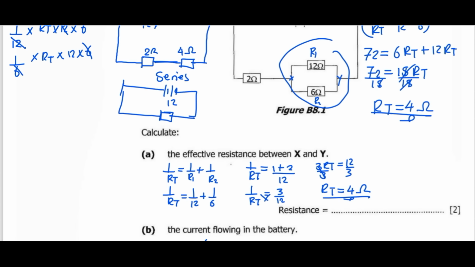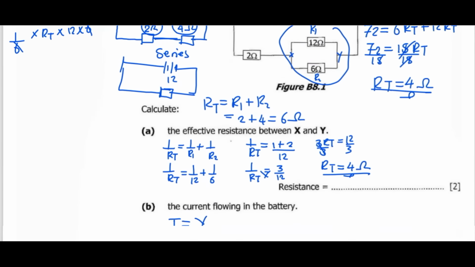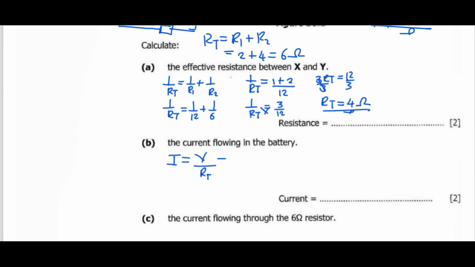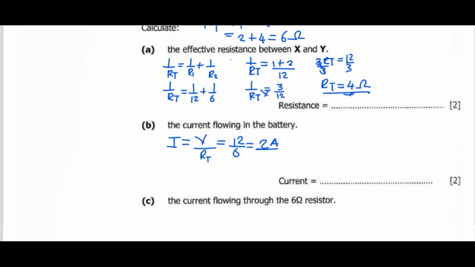We know that these two are in series, so we just have to say resistor 1 plus resistor 2: 2 plus 4 will give us 6 ohms. So that's our total resistance of the circuit. So voltage, we know, is 12 over 6, which is 2 amps. That is our final answer.